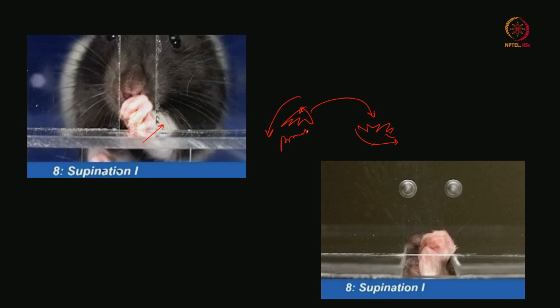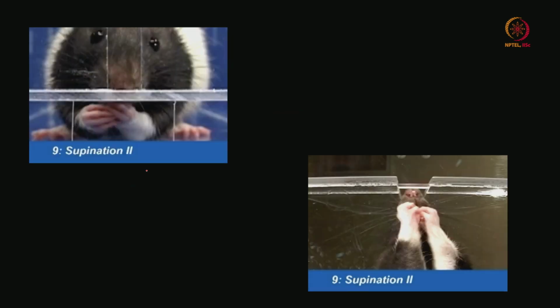So supination is just the opposite of the pronation, as I explained earlier. But the supination does not happen in one flip. Obviously the rat's hand is going to get stuck if the full width comes into the area of the slit. So what happens is a semi supination, or semi prone position, where it tries to withdraw the forepaw, which is called supination 1. Then there is supination 2.